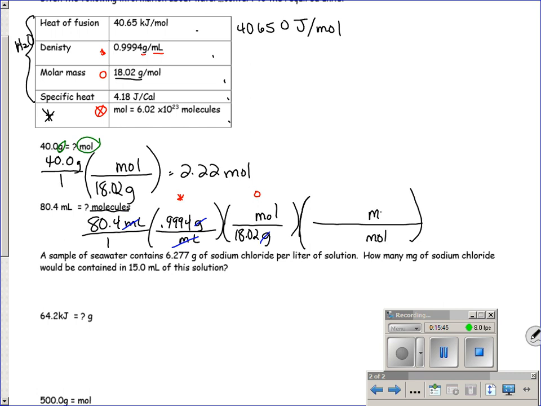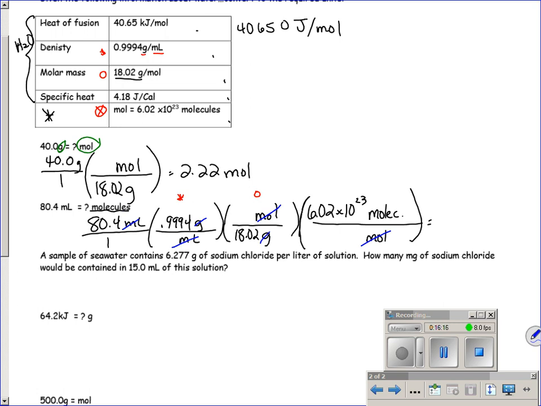My abbreviation for molecule is MOLEC. That is my abbreviation. That is not a universal abbreviation. So we can see that the 6.02 times 10 to the 23 has to go to the unit molecule. And then we are going to multiply. Now we have the unit molecule. We are done. Moles cancel. We have the unit molecule, and the problem is asking us to solve for molecules.